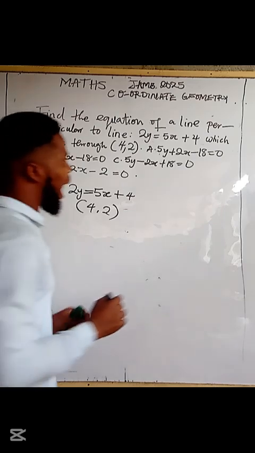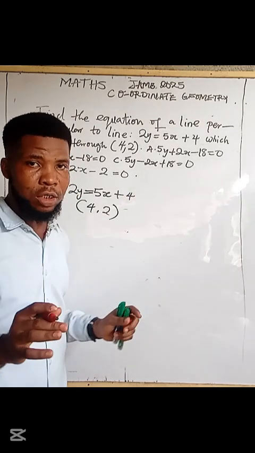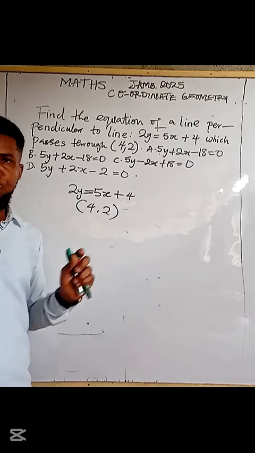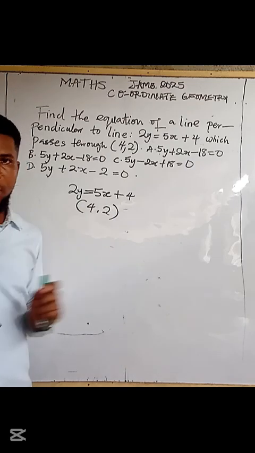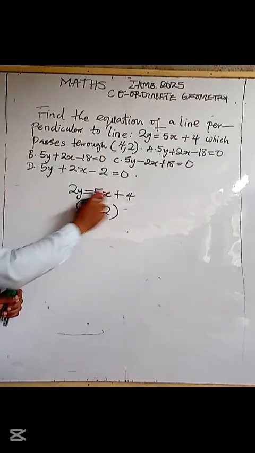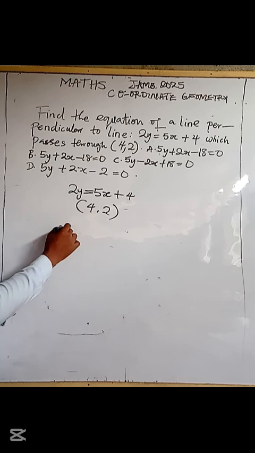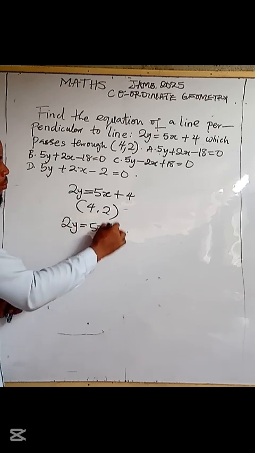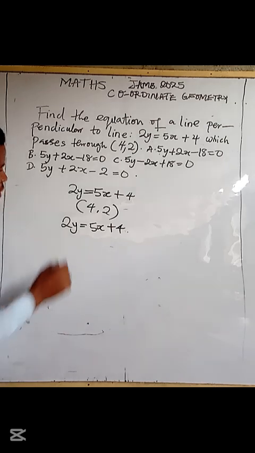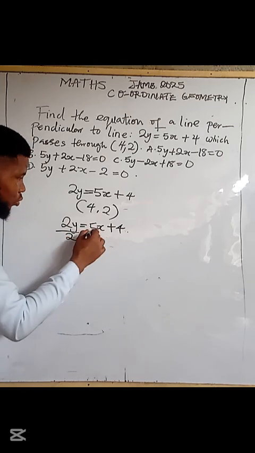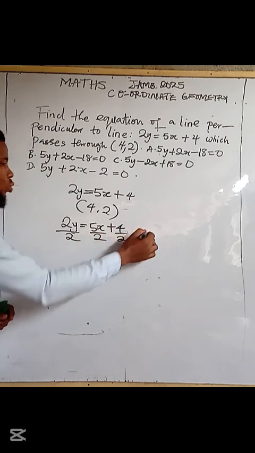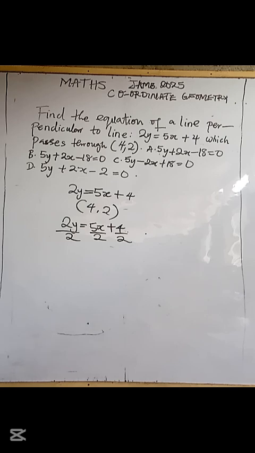Remember what I told you? When you have equations, all you need to do is look for the slope of this line. So what will be the slope of this line? Now if you have 2y equal to 5x plus 4, all I have to do is divide both sides by 2. When you divide by 2, what will you have?